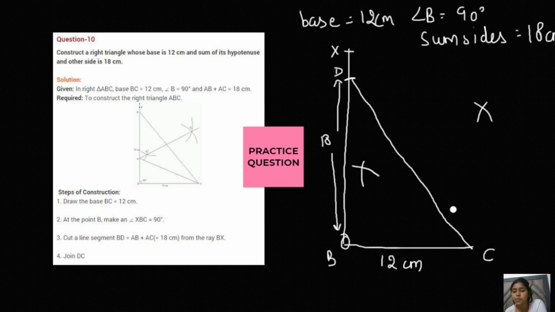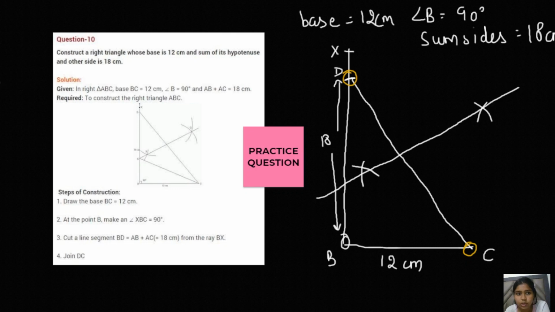Why is the perpendicular bisector like this? What you have to do is put the pointer on D and open the compass more than half. Put the arc on both sides of this line segment. Then put the pointer at C, open the compass more than half of the distance and make another two arcs, right? Then you have to join these two arcs like this.